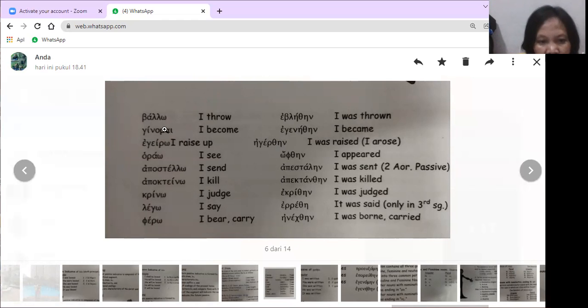And for all of this, we need to pay more attention, and maybe we can remember it. It's better to remember it.